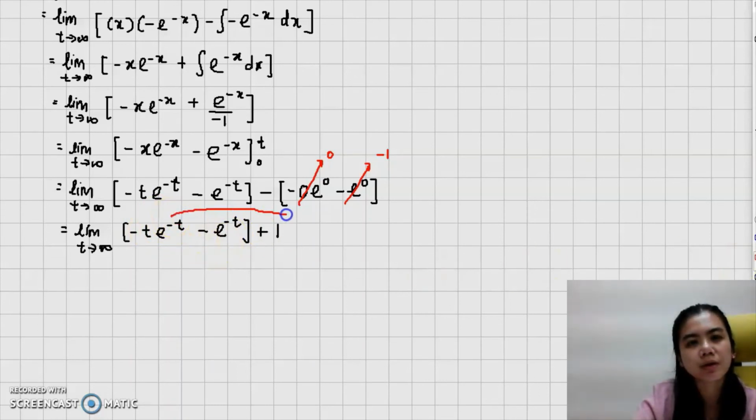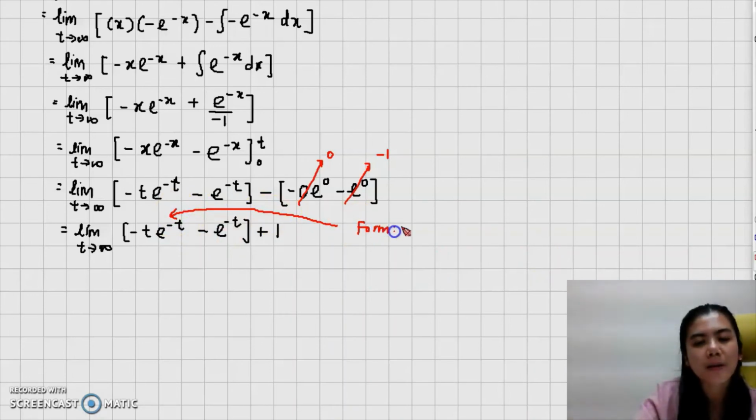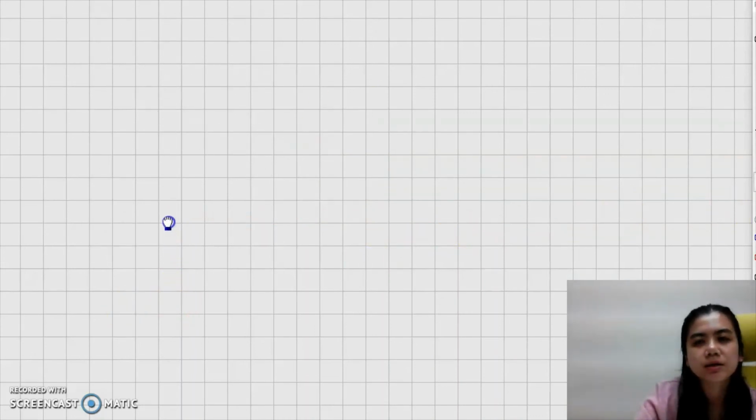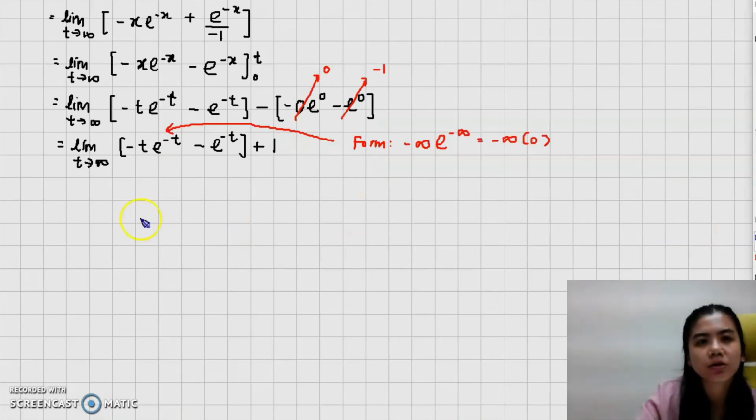This is the form of negative infinity multiplied with e minus infinity, so it's basically minus infinity times 0. This is the form that you need to modify, so that you can sub the t as infinity successfully, right?